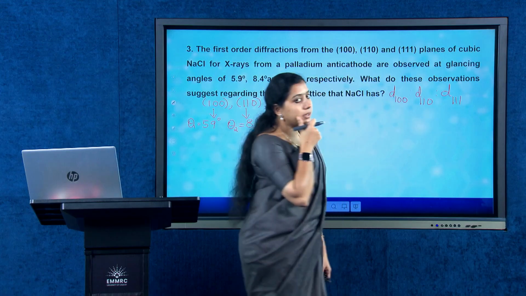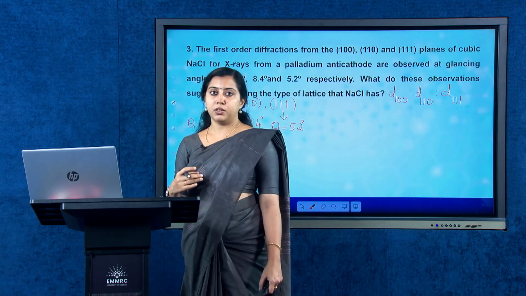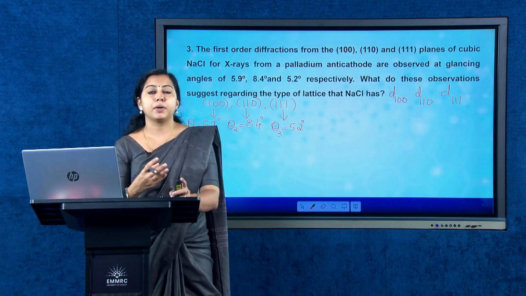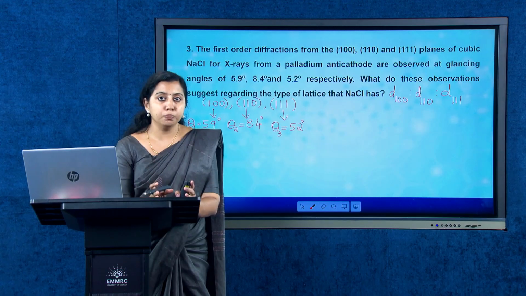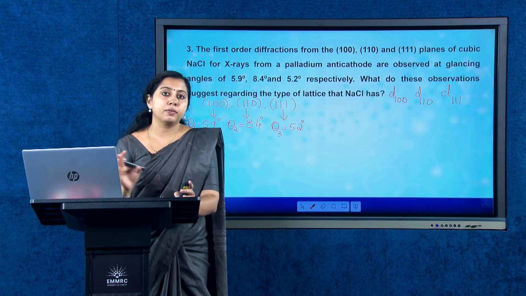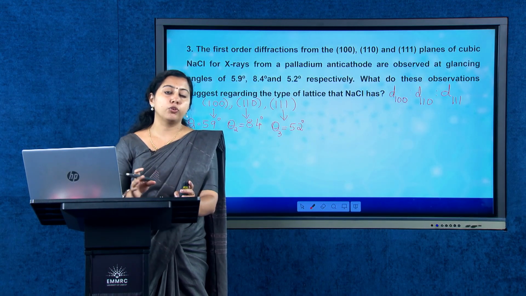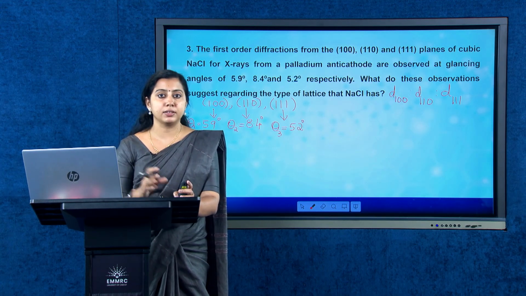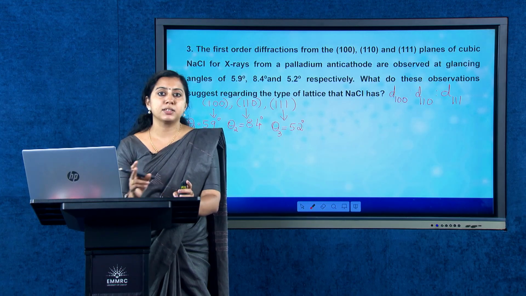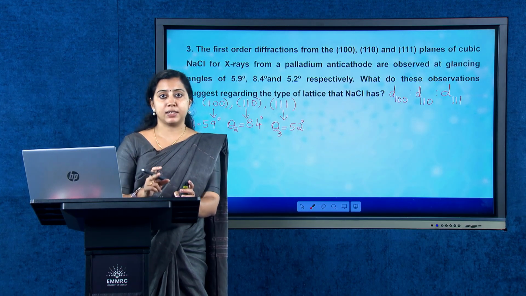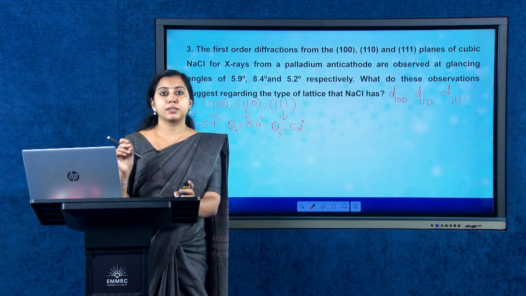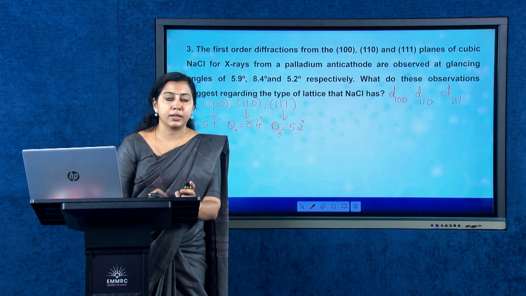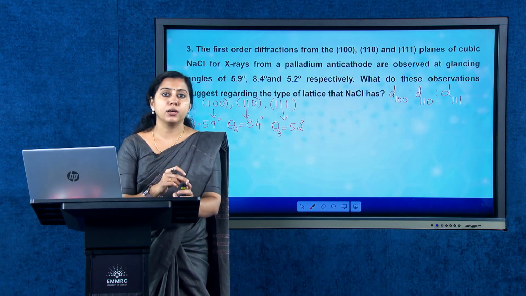Using this ratio, we should compare it with the theoretical value for different types of lattices, that is, simple cubic, body centered or face centered. When it matches with any of these lattices, we can say that the substance crystallizes in that particular type of lattice. Okay. So, now what to do?